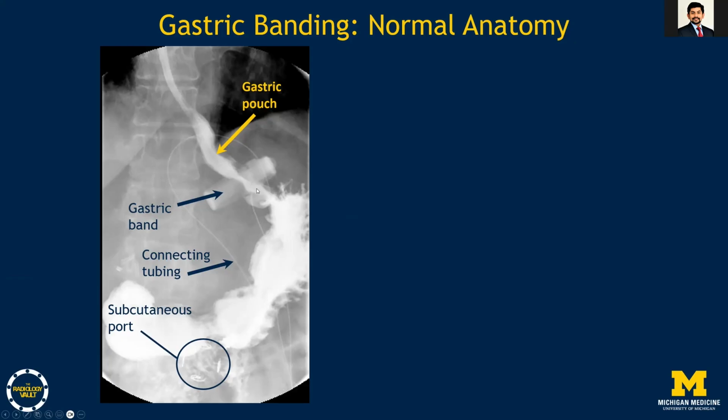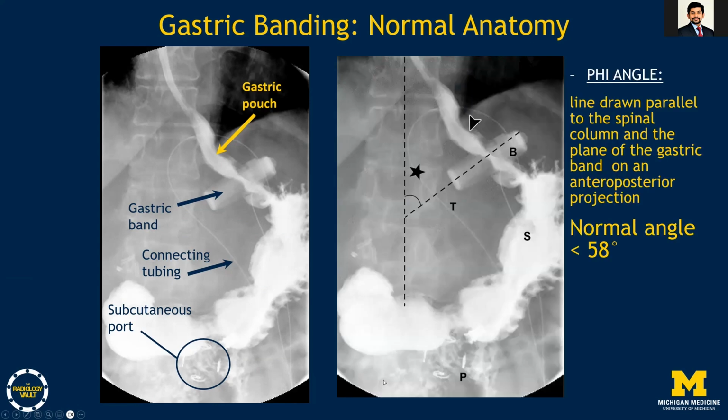Also, when you're looking at the band to evaluate, carefully look at the tubing that connects to the subcutaneous port, because an acute kink or a discontinuity or broken tubing may result in malfunction of the gastric band. Another thing to remember about the gastric band is the phi angle, which is an angle created by drawing a line parallel to the spinal column and a line parallel to the lap band.